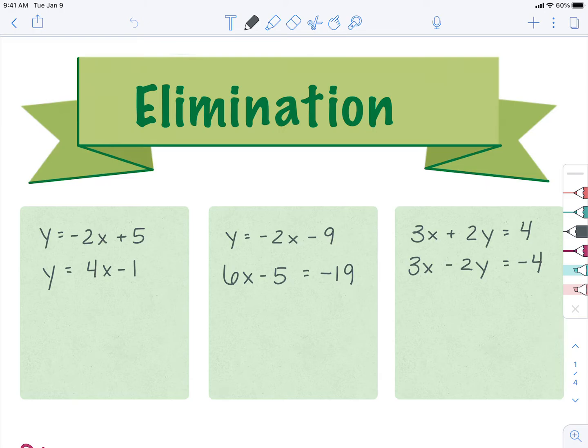They're both in y equals mx plus b form. Those graphs are easy for us to pick out the slope. It's easy for us to pick out the y-intercepts for both of these. So that would be a good system for us to graph because they're both y equals mx plus b, which is good for graphing.